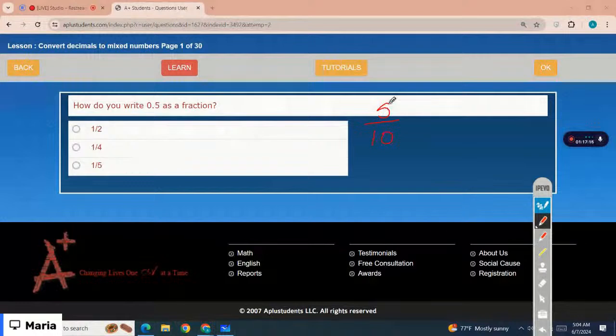So now you can convert them into the simplest form. You have to divide them by the greatest common number, sorry. 5 divided by 5 is 1 and 10 divided by 5 is 2.